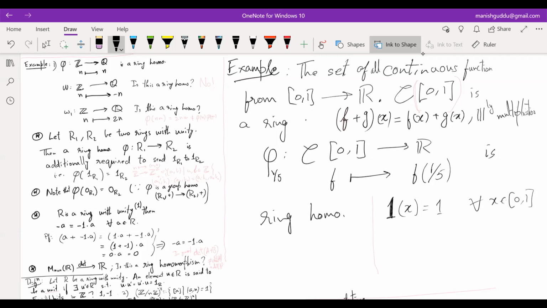Of course you can check that if I take f times 1 and evaluate it, it's going to be f(x) times 1(x), which is f(x), since 1(x) is just 1. So the two functions f times 1 and f are the same. So it is actually a ring with unity.